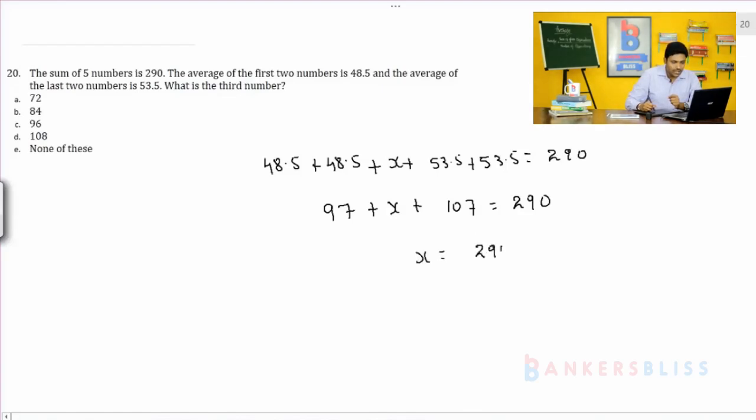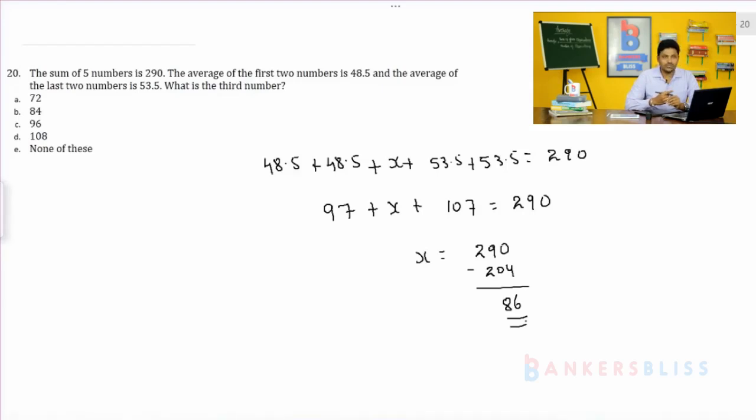So 290 minus 204: 10 minus 4 is 6, so 86. So the answer is 86, option E, none of these. So for problem 20, the answer is 86.